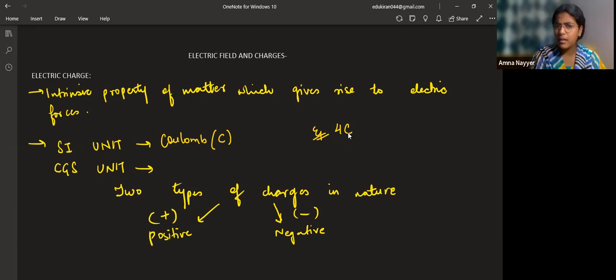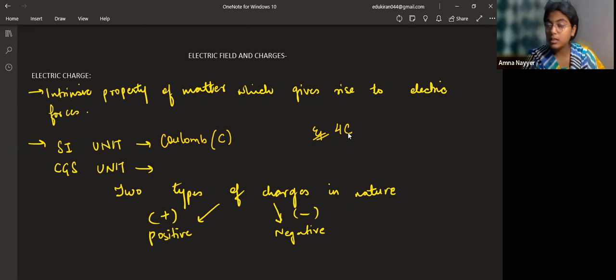CGS unit is very rare for charge. It's not used often. We only have the SI unit coulomb being used, nano coulomb, micro coulomb, like this. These prefixes will be added, but CGS units are not so much used.